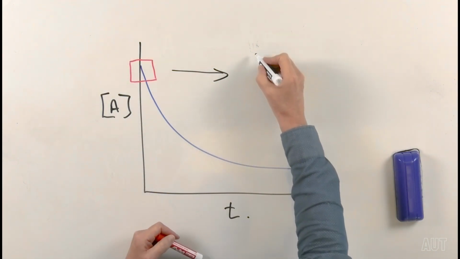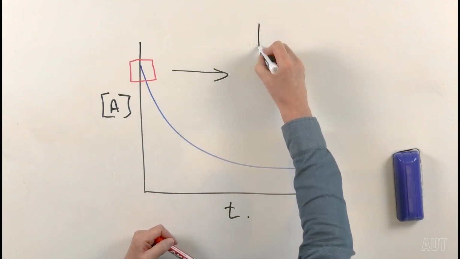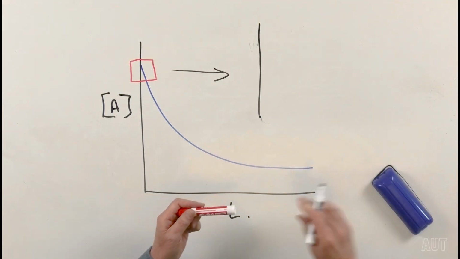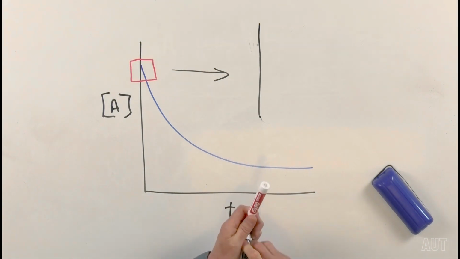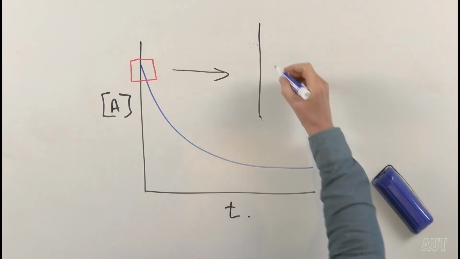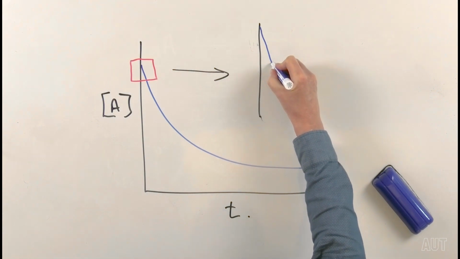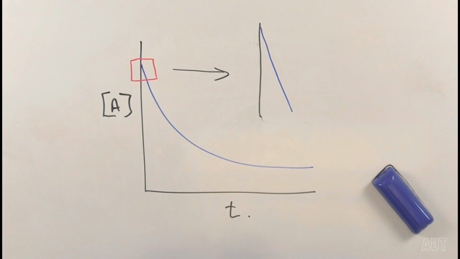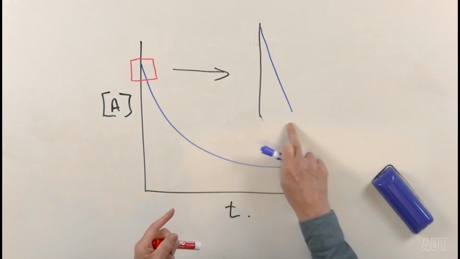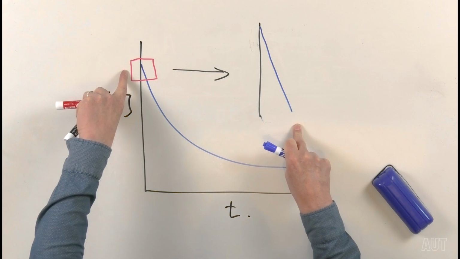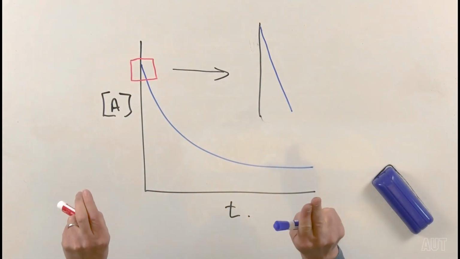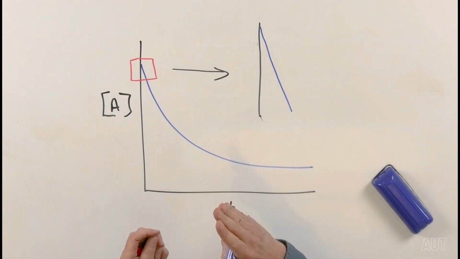And if we were to blow up that section, which we're going to do here, what we would see is, in fact, that if we blow it up, ooh, it looks pretty much like that, doesn't it? In other words, right at the start of the reaction, the curve is nearly linear.